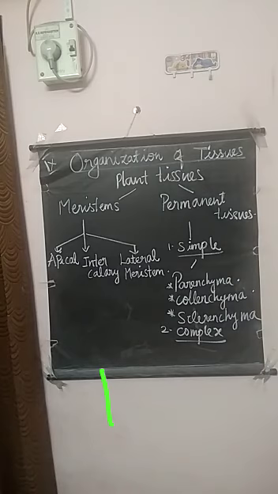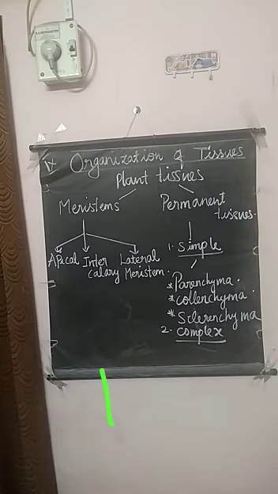Meristems are classified into apical, intercalary and lateral meristems. Permanent tissues are classified into simple and complex.